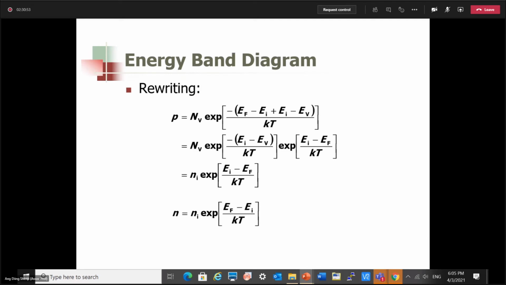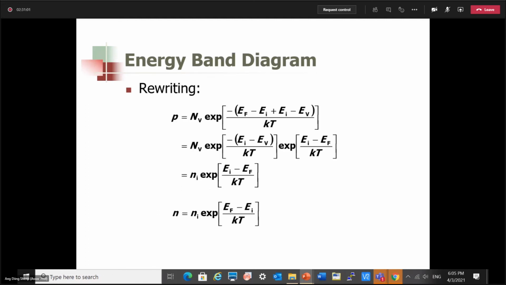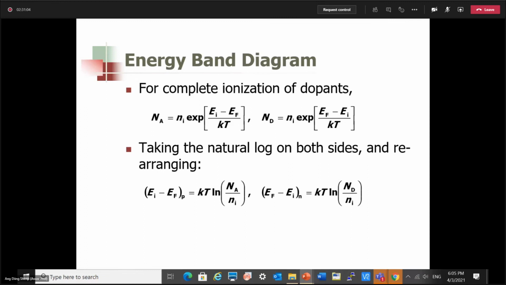If you can do that, then I can find this term and this term, and the whole problem will be solved. That's what I'm going to do next. If you assume complete ionization of dopants in the P and N regions, then the hole concentration in the P region can be approximated as Na, assuming Na to be much bigger than Ni.